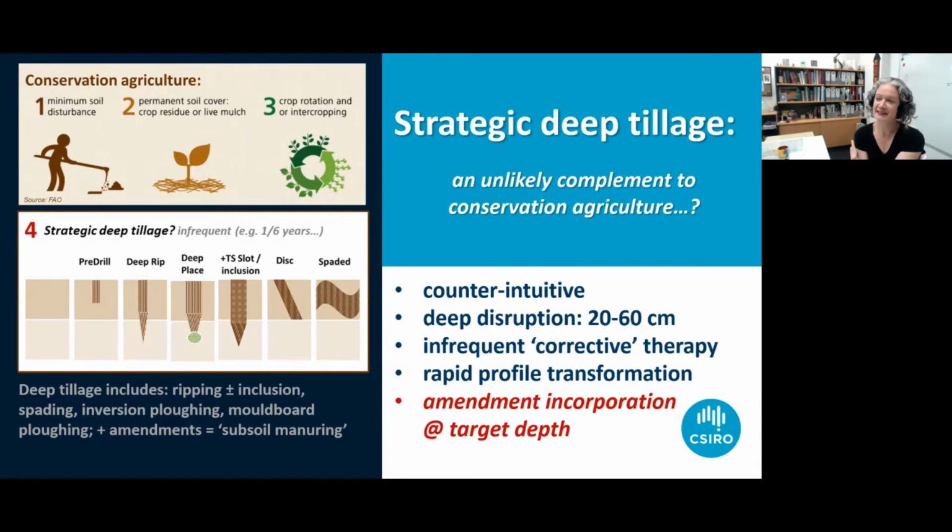In some ways, strategic deep tillage is a little bit counterintuitive to this because it is a big disruption. But I think we have to remember that it is an infrequent corrective therapy where we're looking to address specific constraints and then manage the system going forward to maintain those improvements and get the bigger crops and the bigger biomass to flow back through the system.